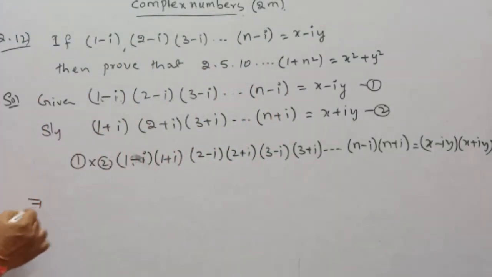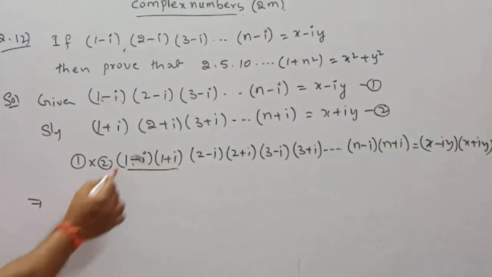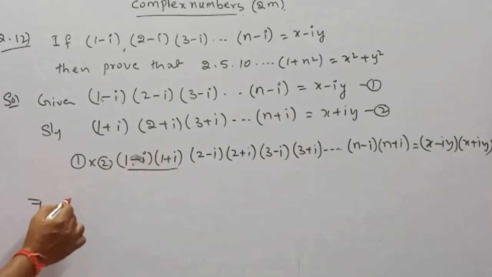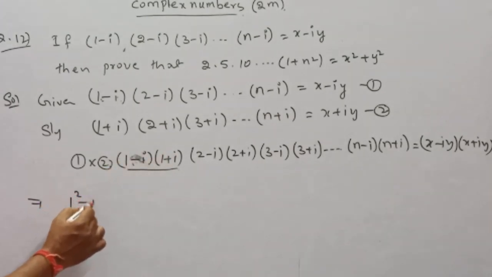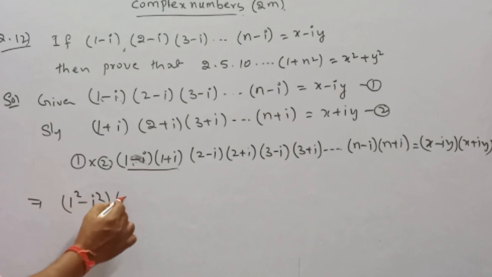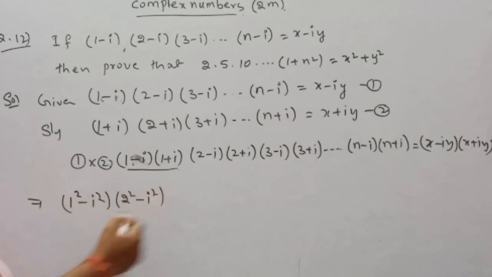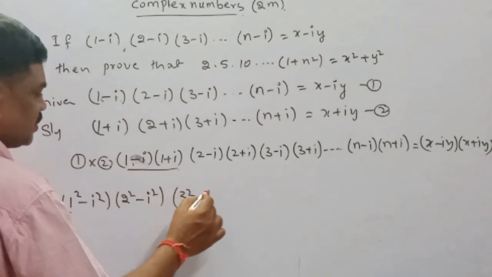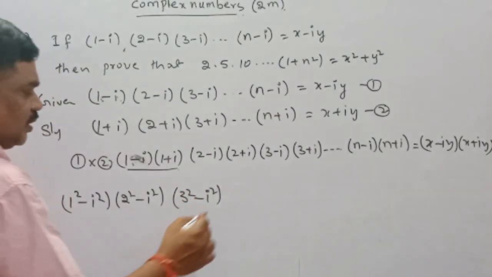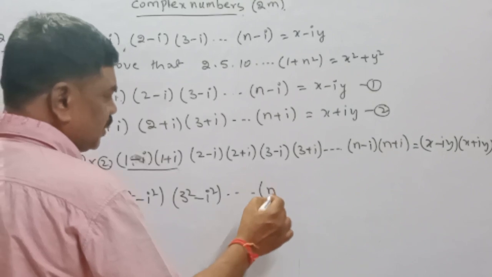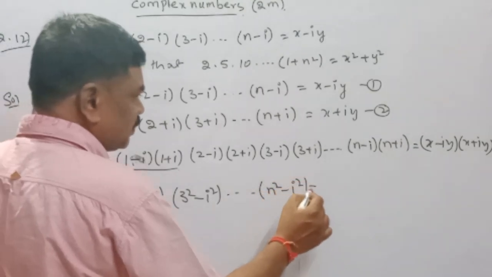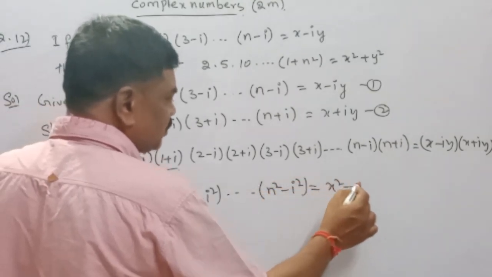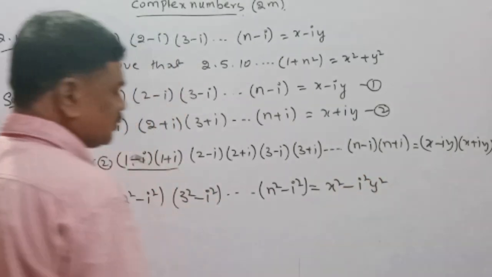So this implies, what is the value? 1 square minus i square, 2 square minus i square, 3 square minus i square, and so on, n square minus i square is equal to x square minus i square y square.